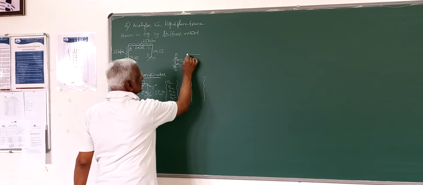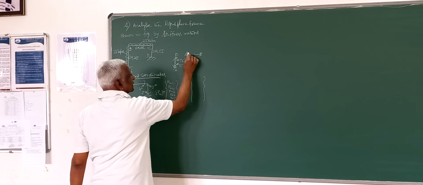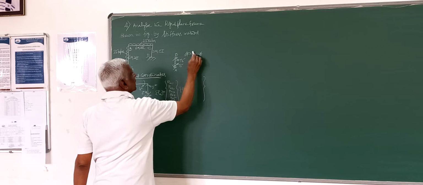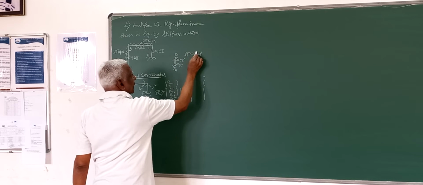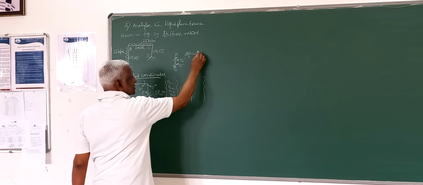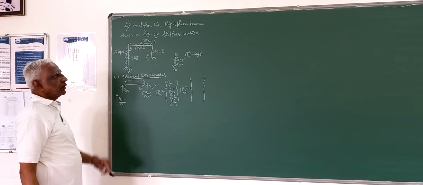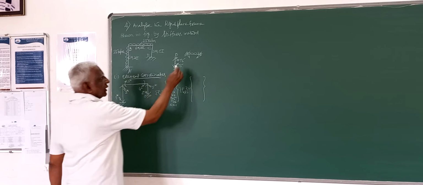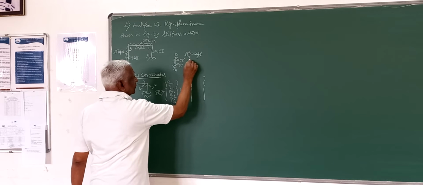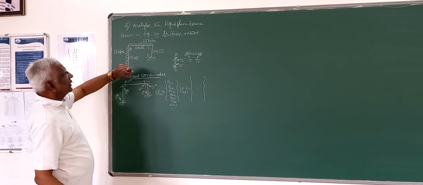Similarly, on BC, assuming the ends B and C to be fixed, you have UDL of 25 kilonewton per meter. Here also you are getting the end moments corresponding to the coordinates 3 and 4, and that is also equal to 75, because that load is also 25.